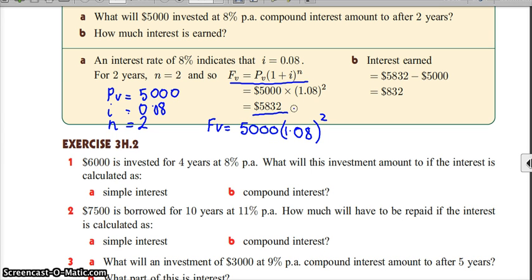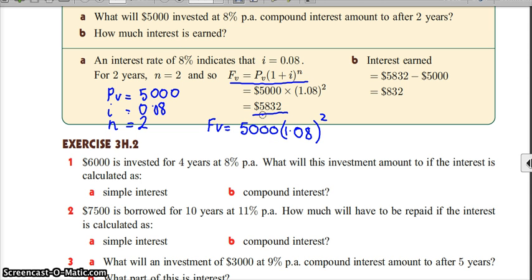Gives us a total of 5,832. That's the total you will pull out after 2 years. After 2 years, that 5,000 would have grown to $5,832. Now, with that, the next part of the question, Alex and Jess, if you just pay attention a bit, how much interest is earned?